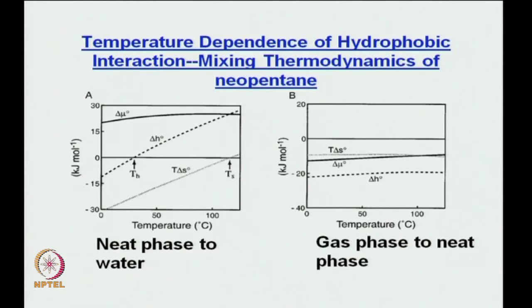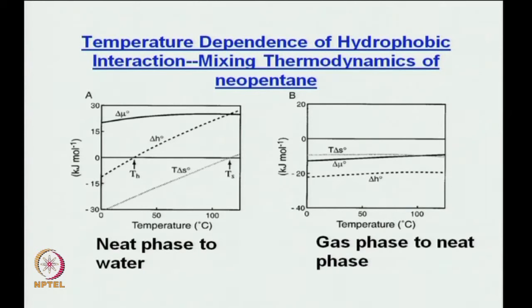The first figure, which says neat phase to water, means you are taking neopentane in the neat phase, that is, the liquid phase. You take a neopentane molecule out and you put it in water, and this is the corresponding thermodynamics. The right panel, what does it show?